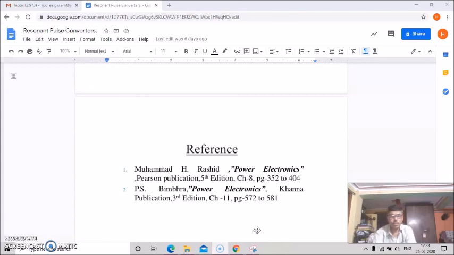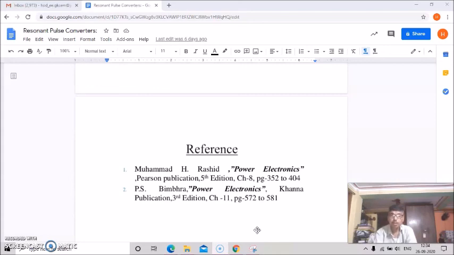With this discussion, you will get a broad concept of these resonant pulse converters, and if you want to know more details about this, you should follow different websites on resonant pulse converters, and go through the text very carefully, and that will help you to know the subject better.